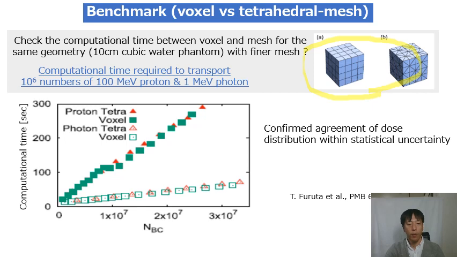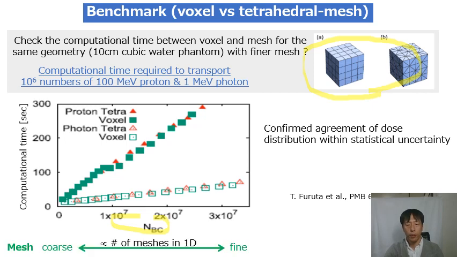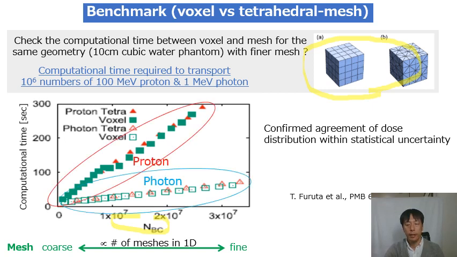Since the number of meshes is different between voxel and tetrahedral mesh, we sorted the result by the number of boundary crossings in this figure, which should be proportional to the number of meshes in 1D. This is the result for protons, and this is the result for photons.